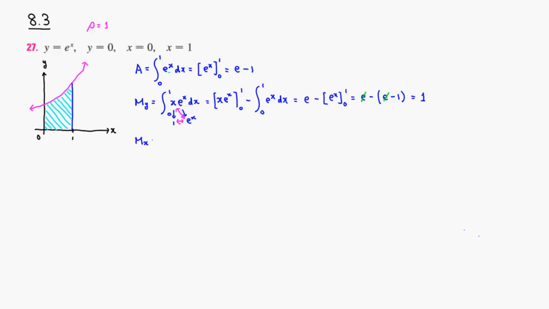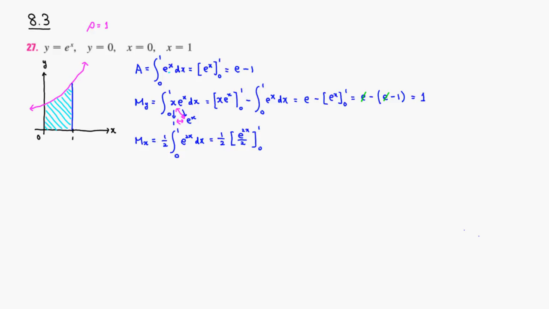We also need to find the moment with respect to x. This is going to be 1/2 the integral from 0 to 1. Then you have f of x squared, in this case e to the 2x, with respect to x. So this is going to be 1/2 times the antiderivative of e to the 2x, which is e to the 2x over 2, going from 0 to 1.